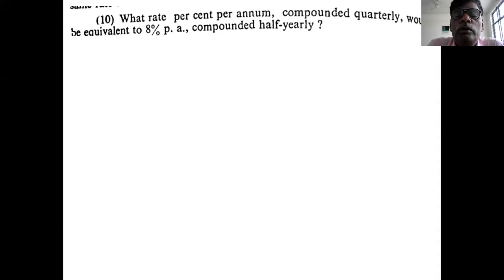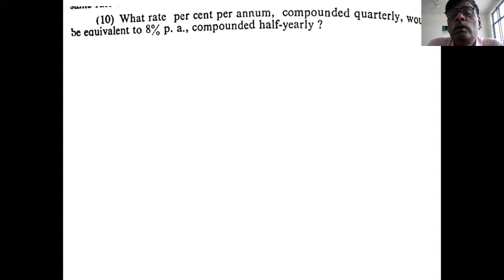So the annual rate of interest is to be divided by 4. And the number of years is to be multiplied by the number of quarters. Rate is divided by the number of quarters.